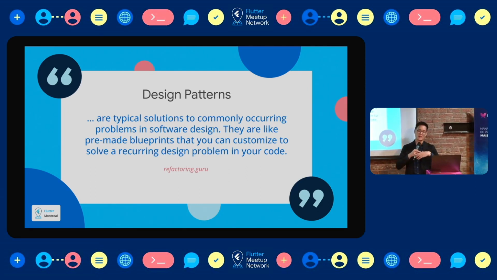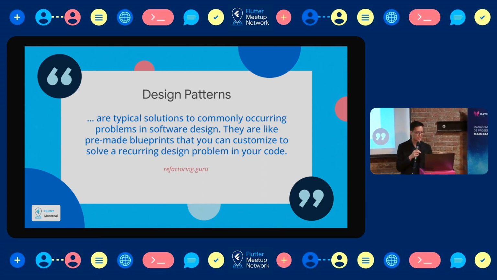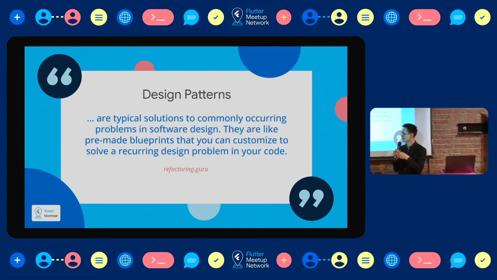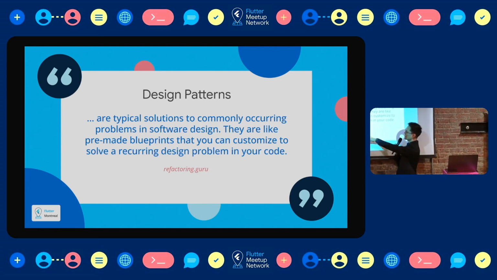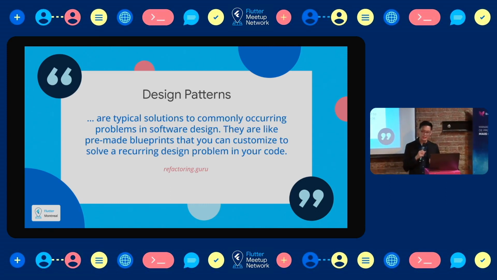You have a lot of design patterns with different goals and purposes. They try to solve something that you implement again and again, a way to split things or fix recurring problems in software design. If you want to know more about design patterns, you have this website, Refactoring Guru. They explain all the different design patterns that exist.